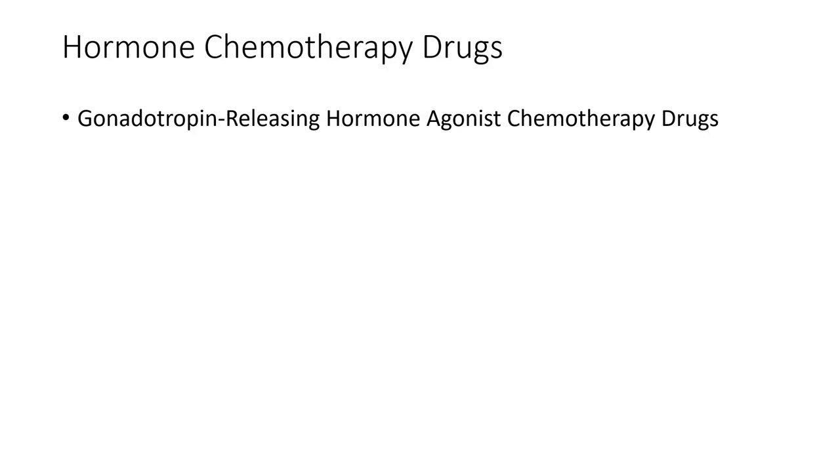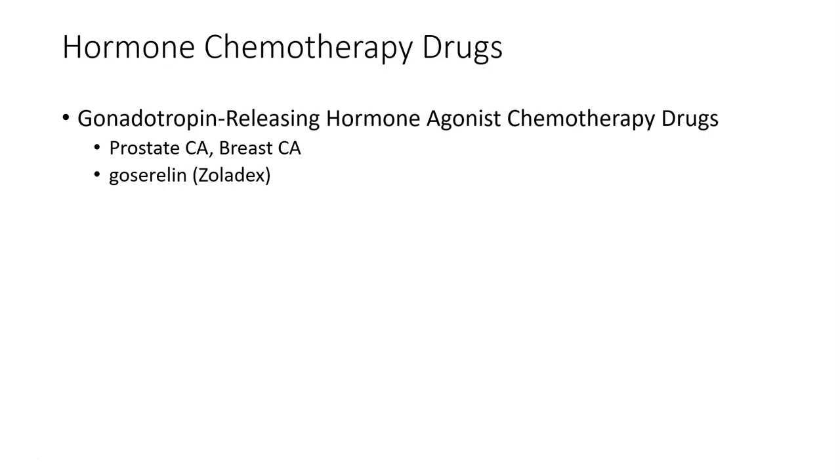So we're going to kind of trick our bodies with this. They compete with the body's naturally produced hormones that maintain homeostasis via negative feedback, tricking the body to not produce testosterone that would feed a prostate cancer, or not to produce estrogen that would feed a breast cancer. So we use these drugs in treating prostate and breast cancer, and goserelin, which is known as Zoladex, is the prototype.